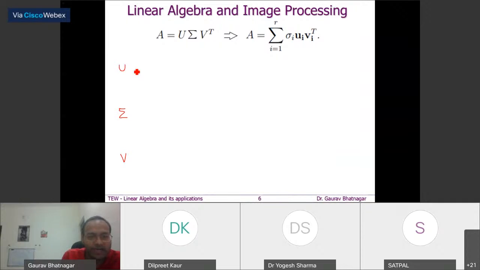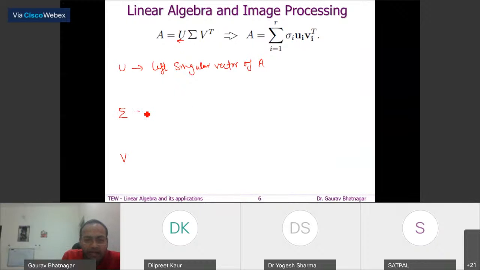So this U is called the left singular vector of matrix A. This U is going to be a left singular vector because it is operated on the left side, the leftmost side. That is why it is the left singular vector.